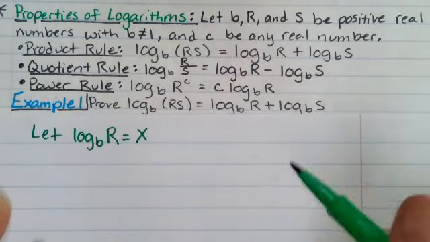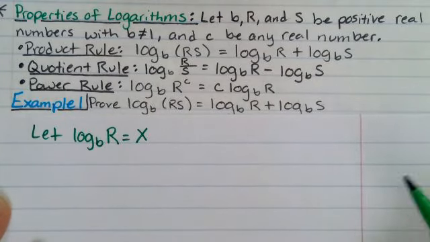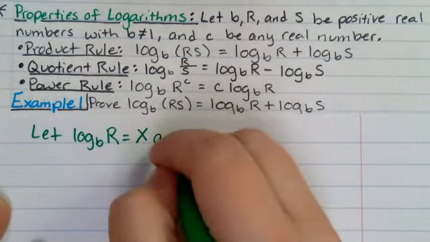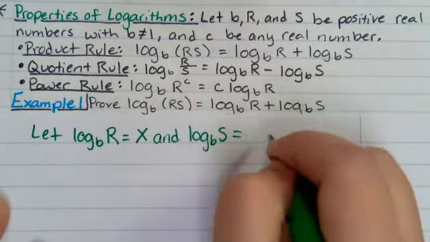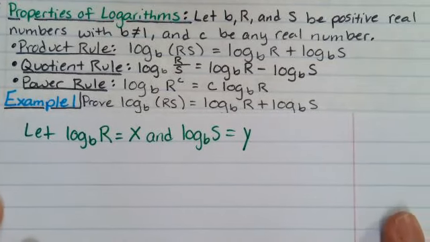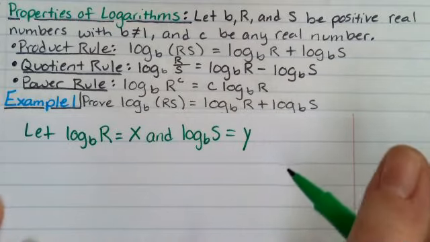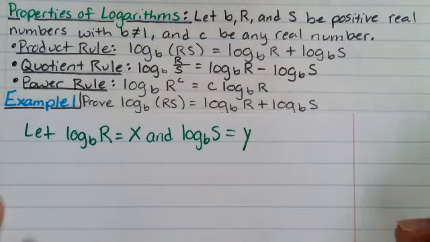That way, every time I want to write it, I'm just writing an x and not this whole big thing, okay? I'm going to do something similar with the other one. I'm going to let log base b of s be y for the moment, because it's going to be a whole lot easier to write an x or a y rather than writing this whole big thing every single time.